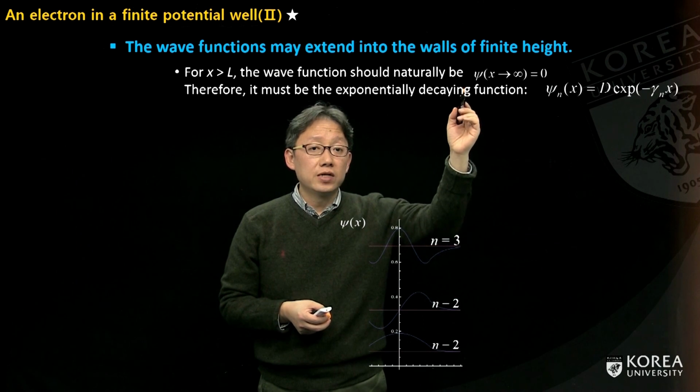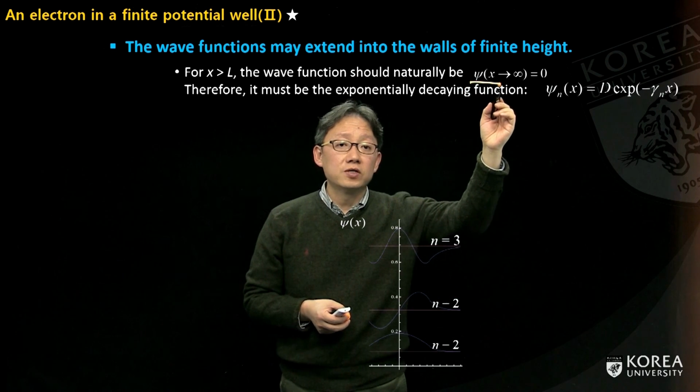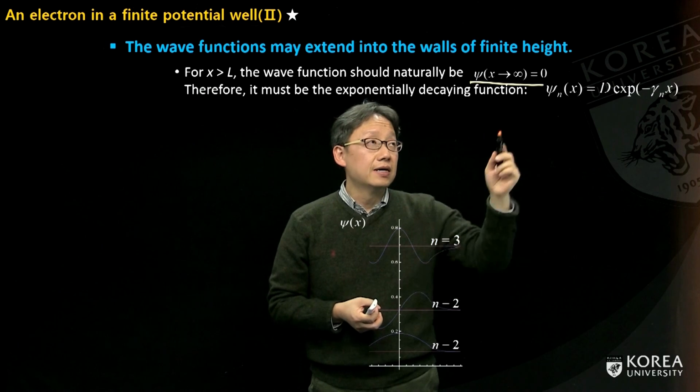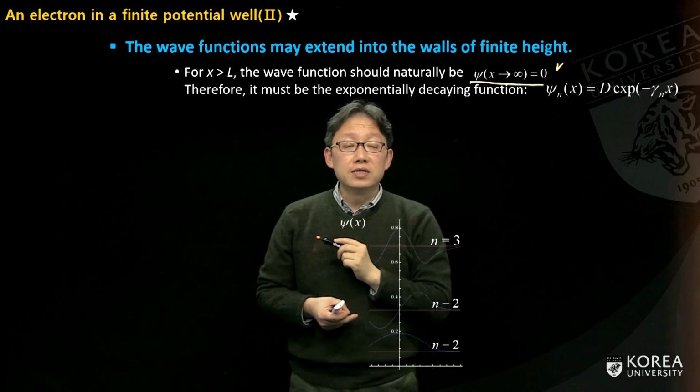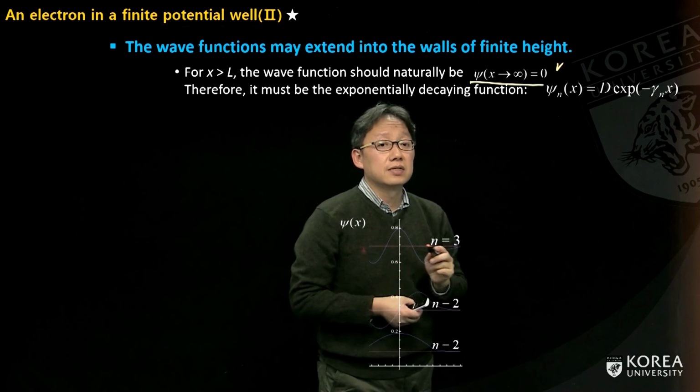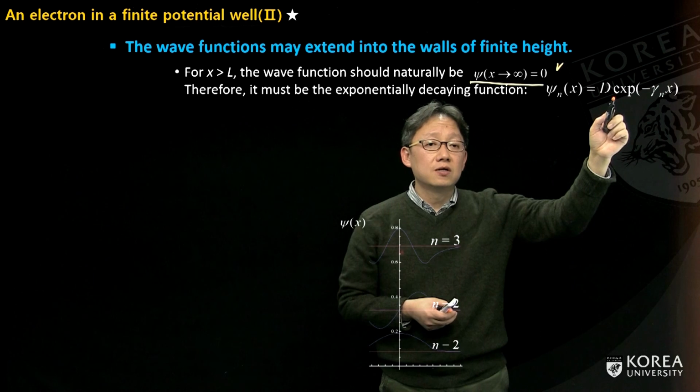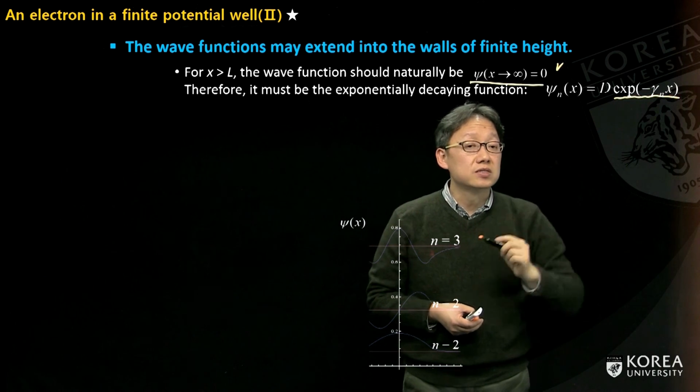So we can write it this way. The wave function at x approaching infinity has to become 0. In order to satisfy this condition, the exponential of plus gamma x must disappear, because exponential of plus gamma x means that when you go to large x, it will become infinity instead of 0.